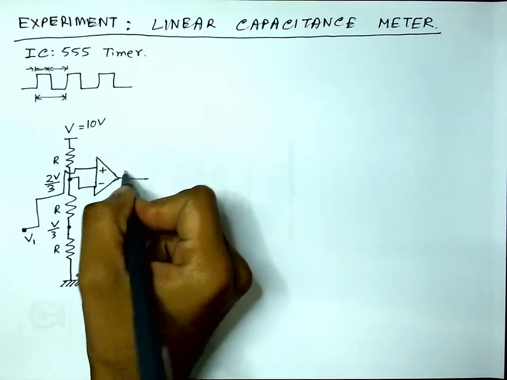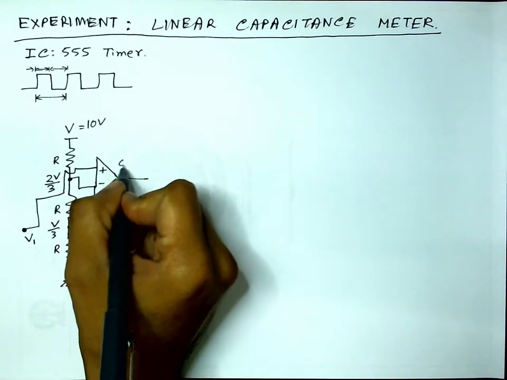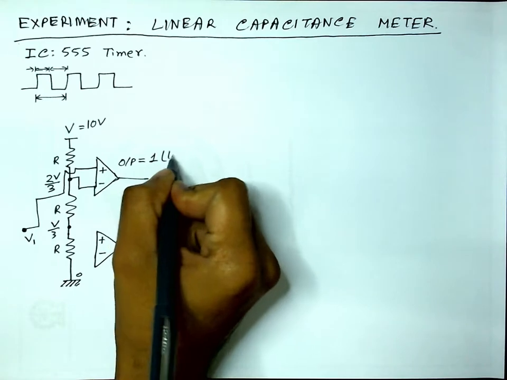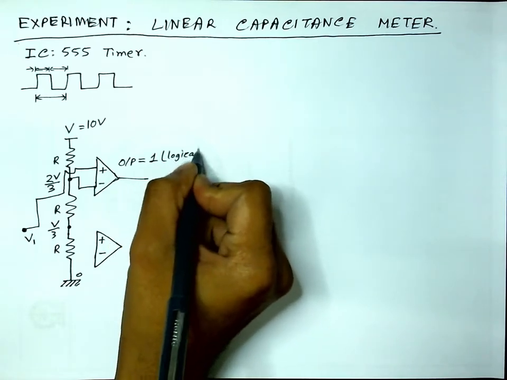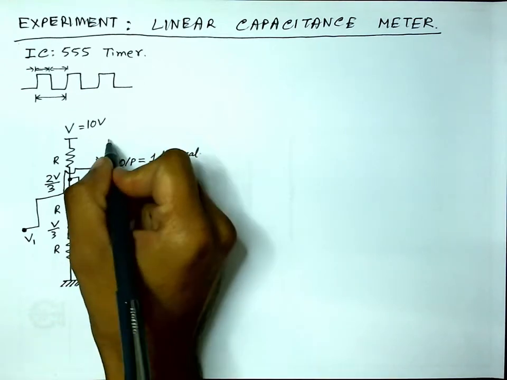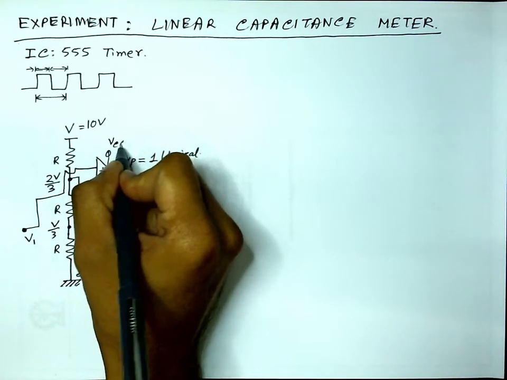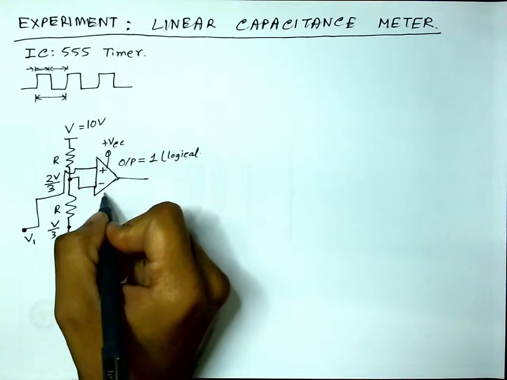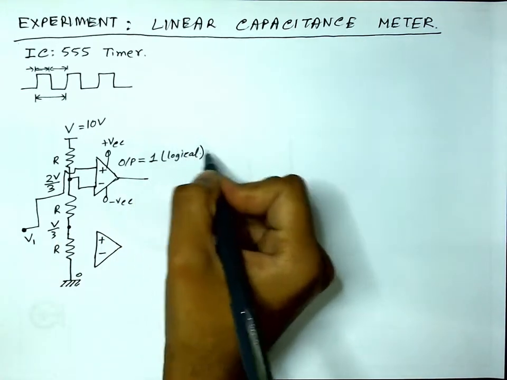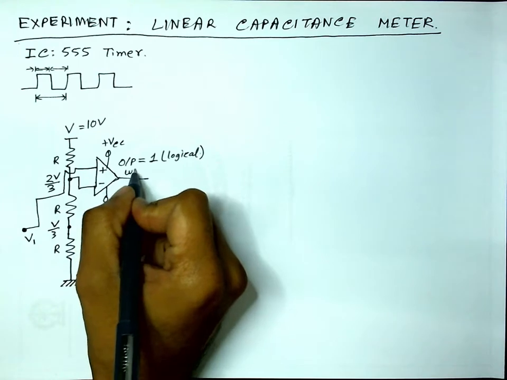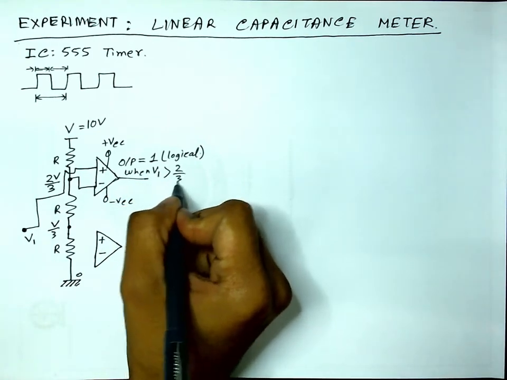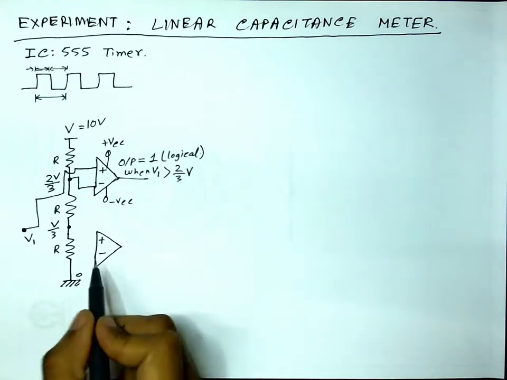So here the output will be logical 1, that means positive, equal to the positive supply voltage of this op-amp, say plus VCC, minus VCC. That means it will be equal to plus VCC when V1 is greater than 2/3 of V.